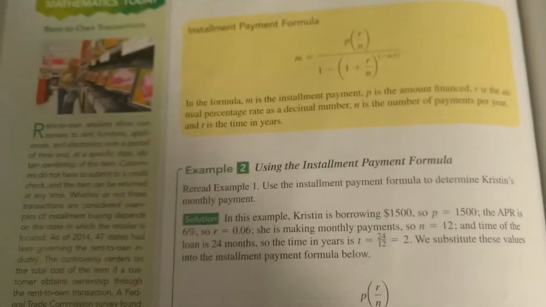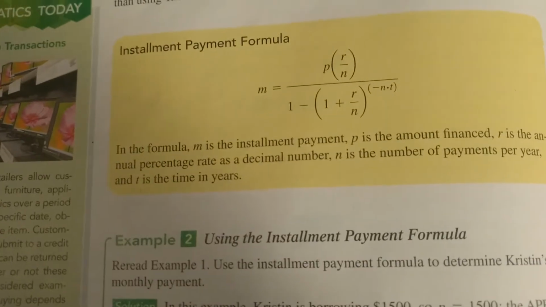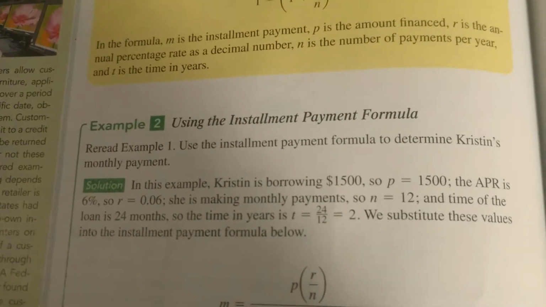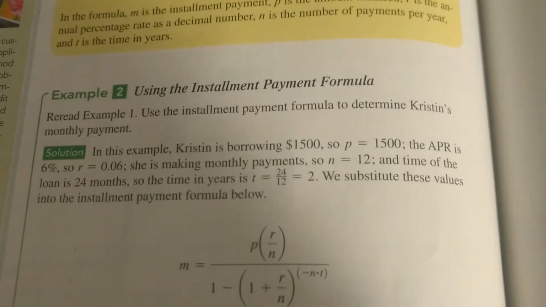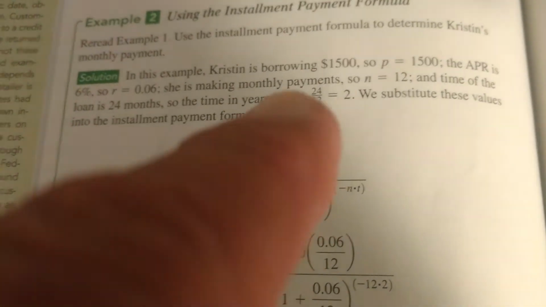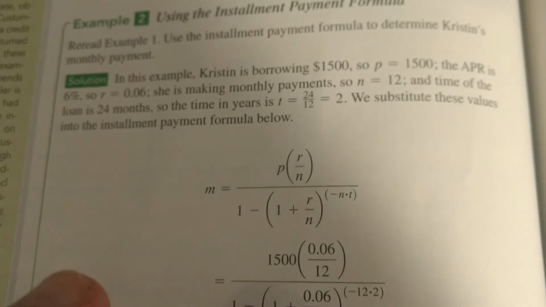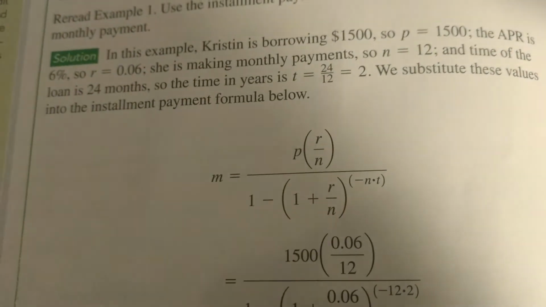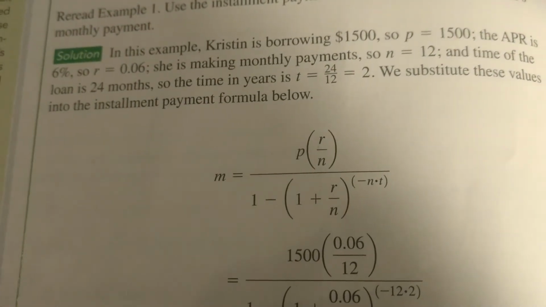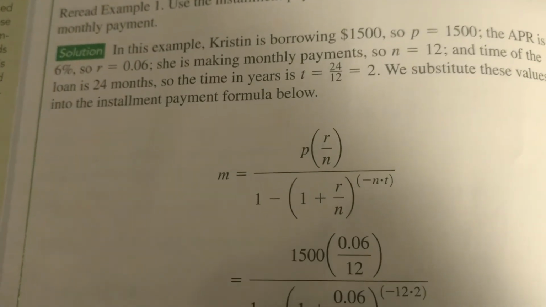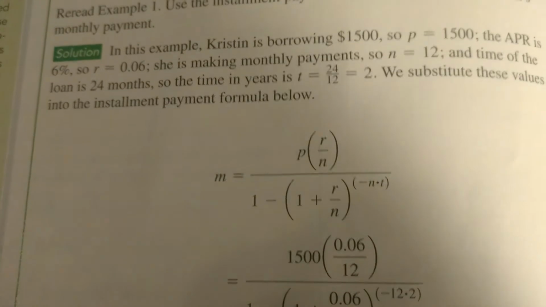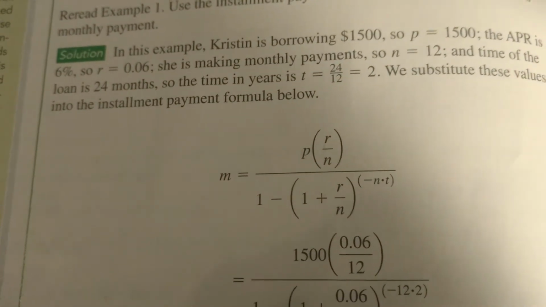Here's another way. You can use the formula here. I was using the table. It says use the installment payment formula to determine Kristen's monthly payment. Remember the information that we had. She's borrowing $1,500 for 24 months at 6% interest. And remember, N represents the number of payments per year.